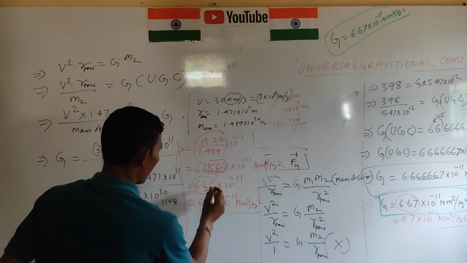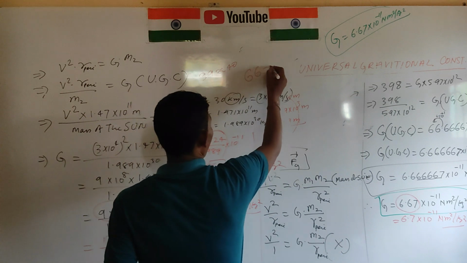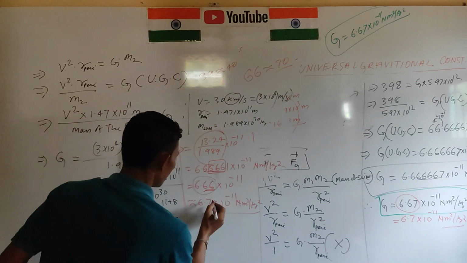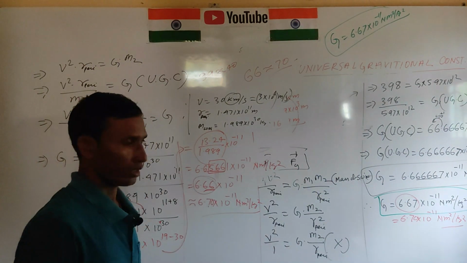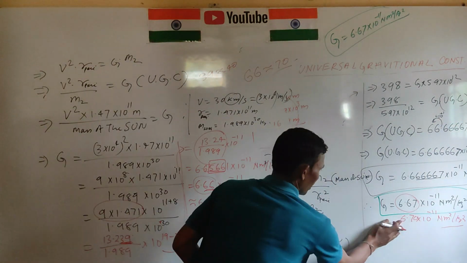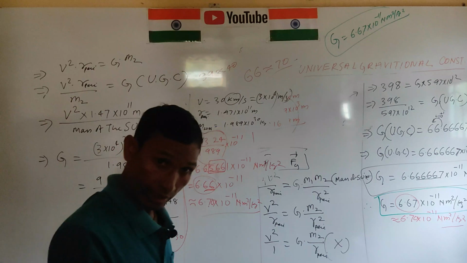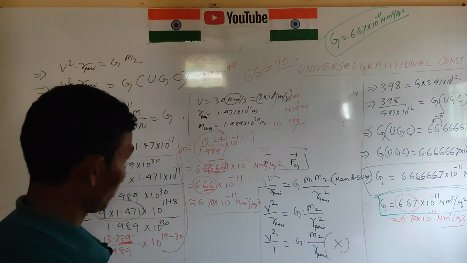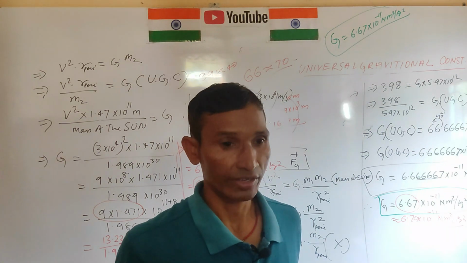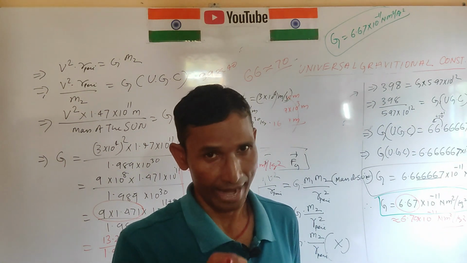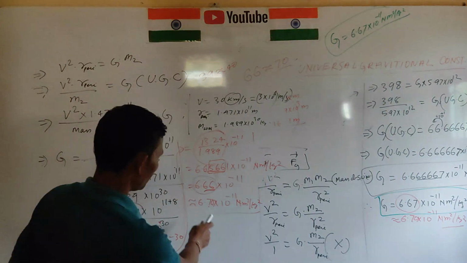This is approximately 6.6, approximately 7.0. So it is an approximate value, the same thing. So we consider the universal gravitational constant value is capital G, and its value is this.